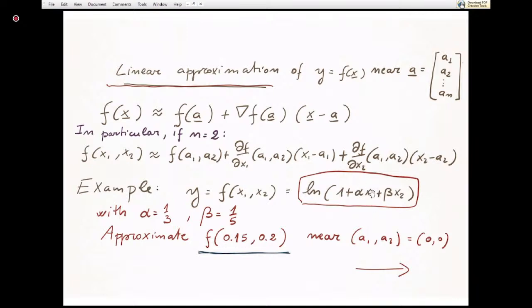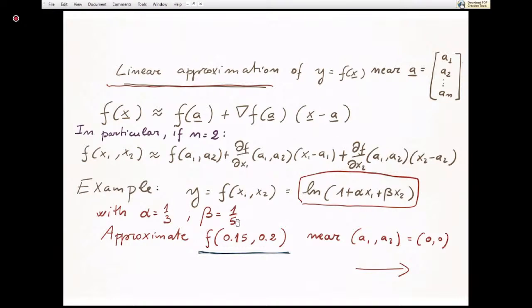This is an increasing function in both variables, and you will see a concave function in both variables that starts at 0 and then increases to positive values. So it's very useful for applications.